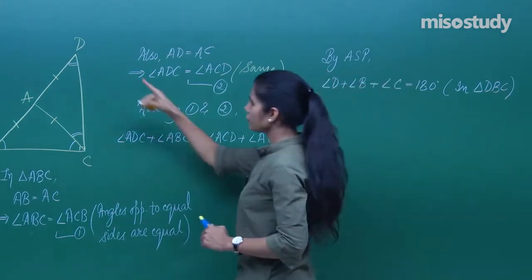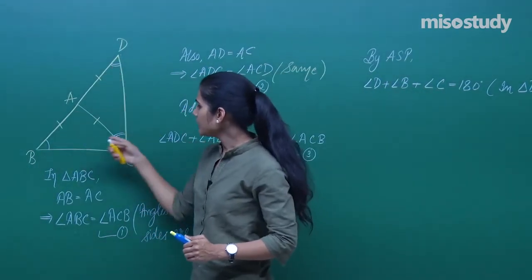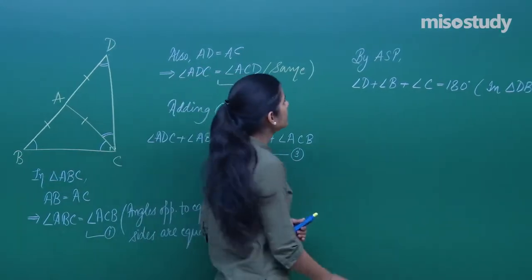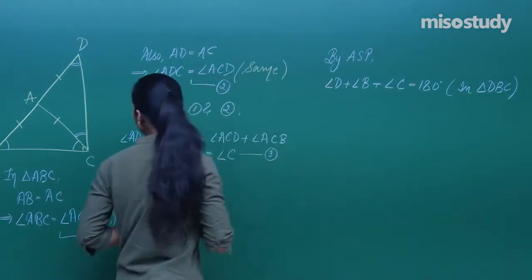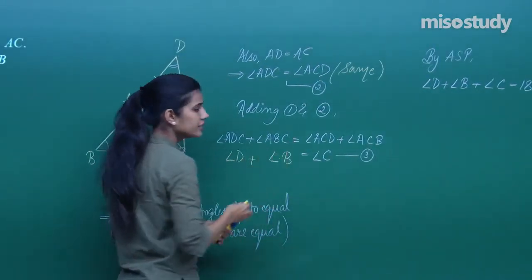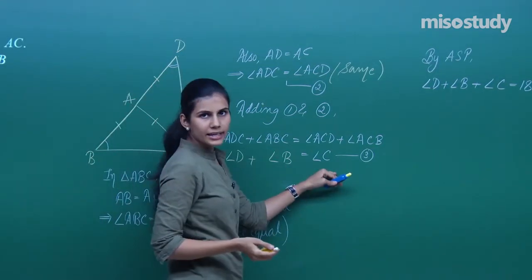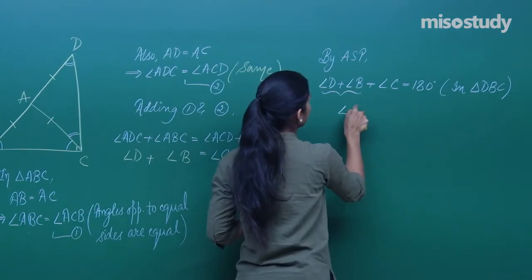Angle at D plus angle at B is this only. ADC is what? Angle at D. ABC is what? Angle at B. You are given by equation 3 that angle at D plus angle at B is angle C. So, this will be replaced by angle C.